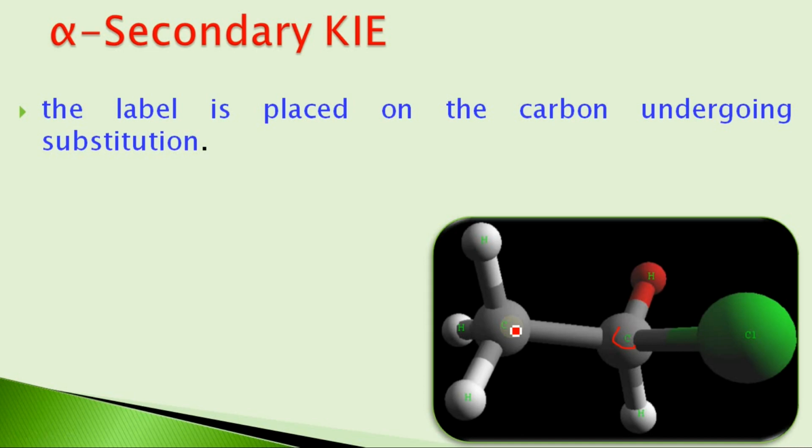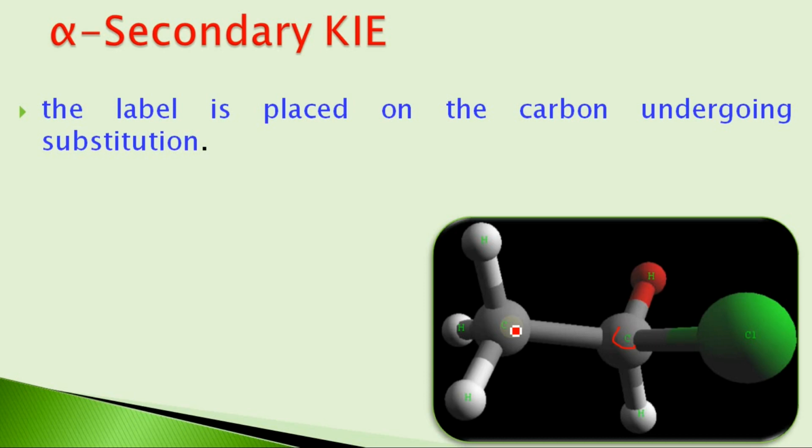In our previous lectures, we had discussed that observance of alpha secondary KIE can be explained on the basis of hybridization change during the formation of the transition state.